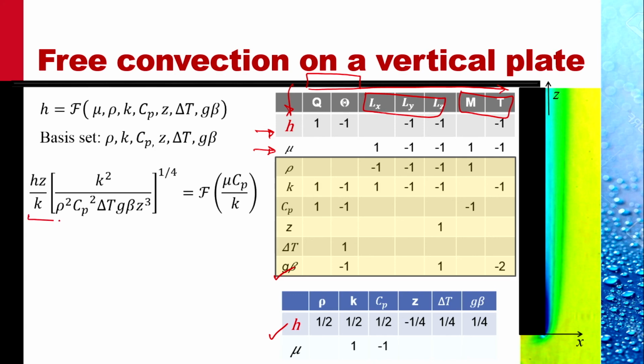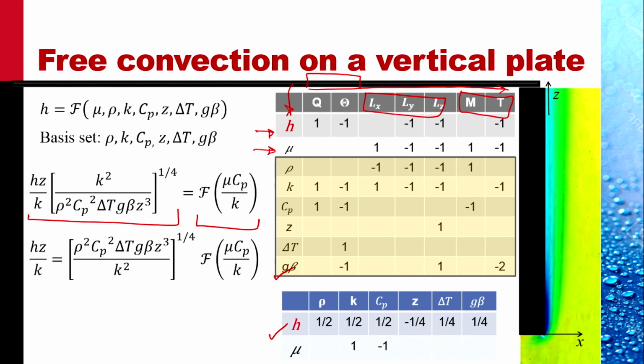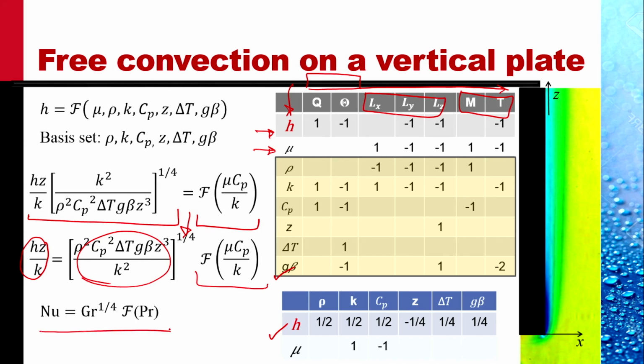The dependent pi number is a function of the independent pi number. This is simplified to give hz by k, which is the Nusselt number, and this is equal to Grashof number raised to power 1/4 into a function of Prandtl number. So that this is the relation.